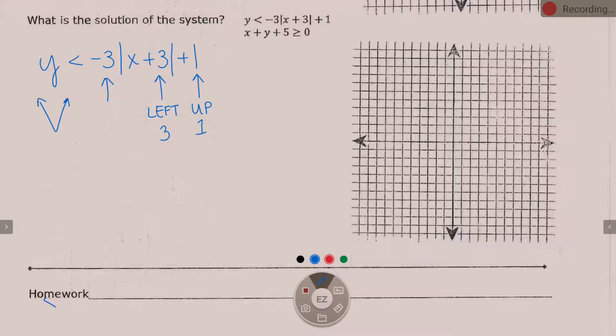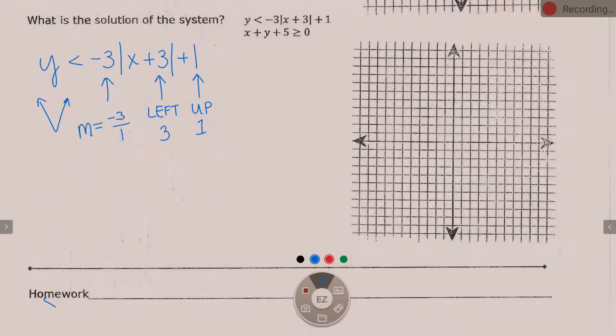So this V is going to be upside down, right? Here's the deal. Think of this -3 as a slope, -3 over 1. That will be the right side of your V, and then the left side of your V, you just reflect.